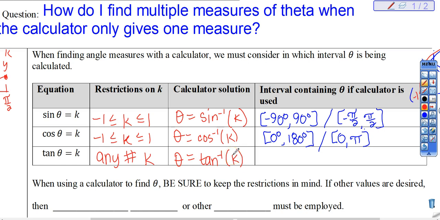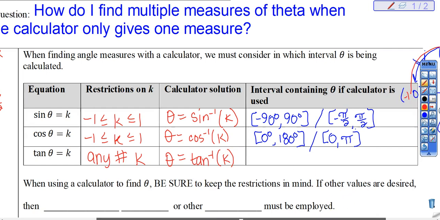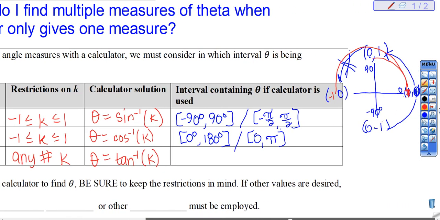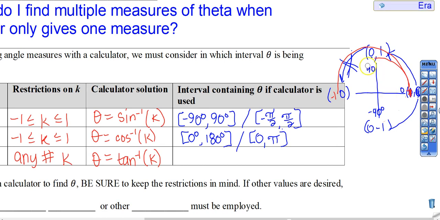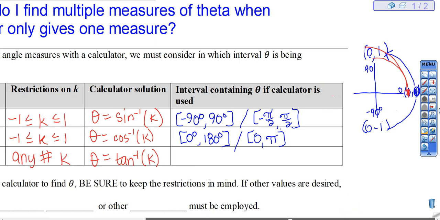Now, tangent goes from negative infinity to positive infinity. Well, let's take a look at our unit circle again. Well, tangent is sine over cosine, right?